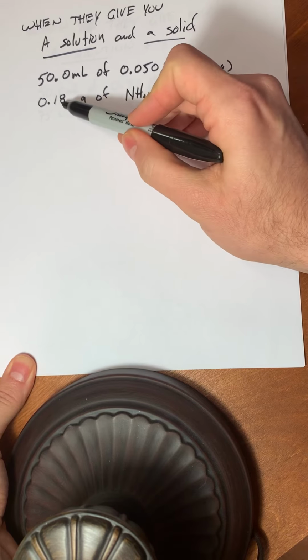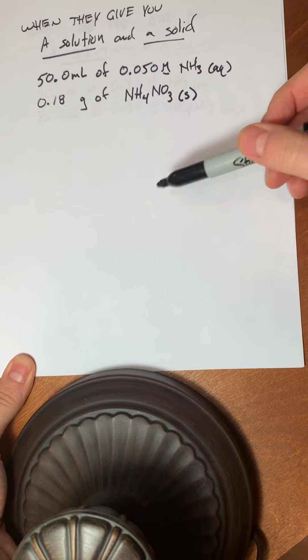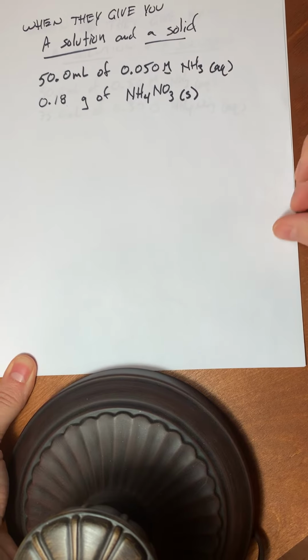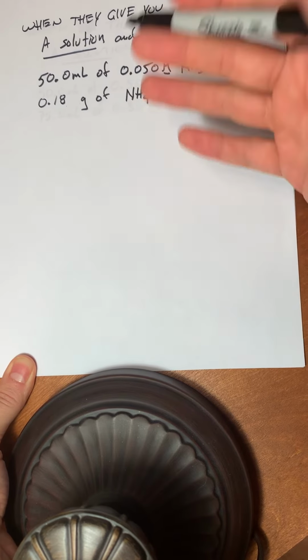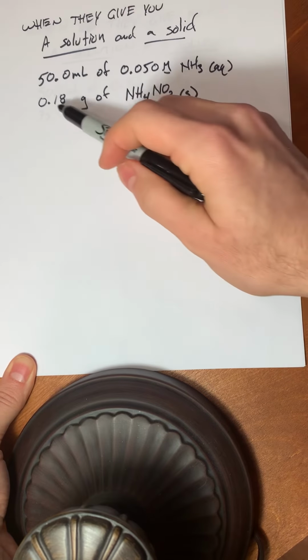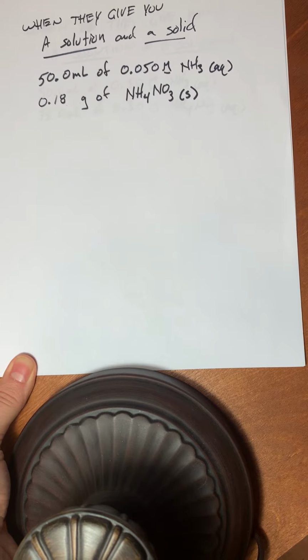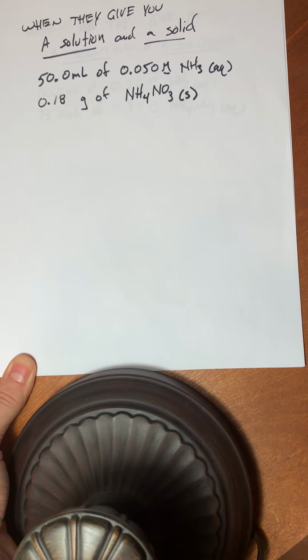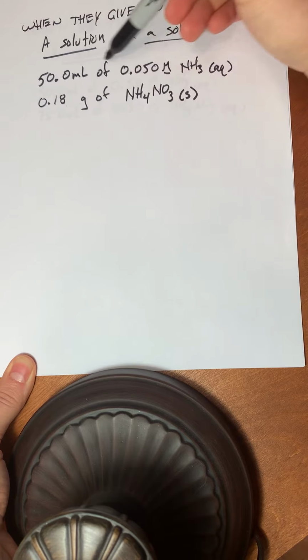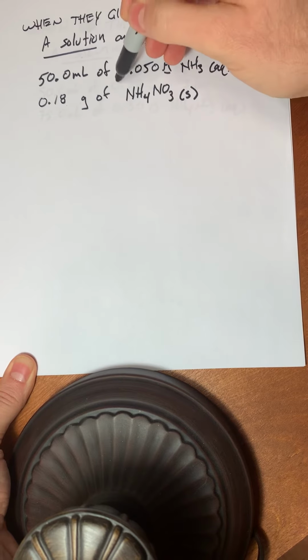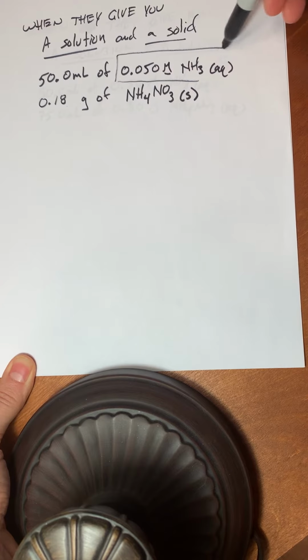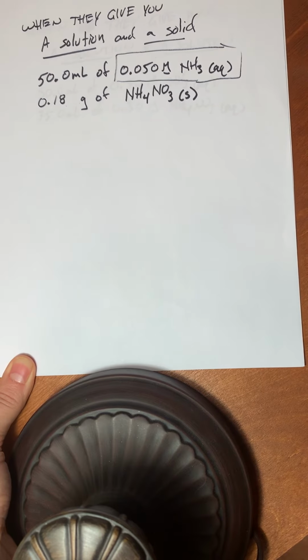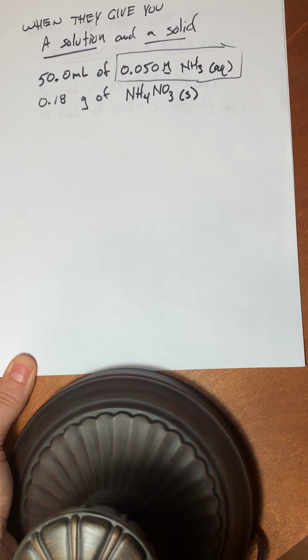Is this enough to change the volume of that 50 milliliters? In the College Board's explanation, they're going to say that this 0.18 grams of salt added is negligible. So since we're not changing the volume of this solution, we can go ahead and plug that 0.050 molar aqueous ammonia right into the ice table.